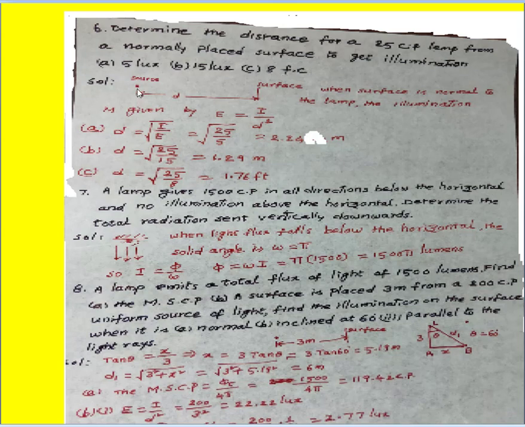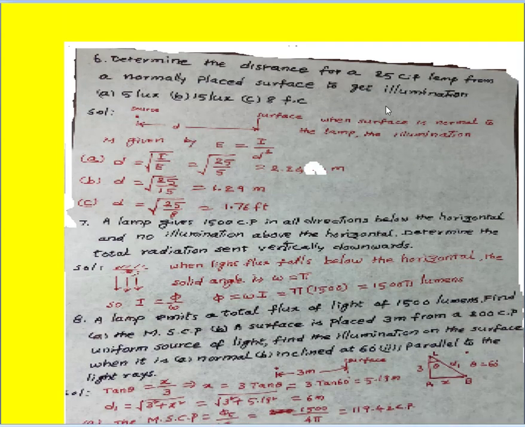Here we assume the light source as a point source like this, and from here draw a line at a distance d like this, and draw a surface which is perpendicular to the distance d like this. Once we know this, what he wants is the illumination on this surface.